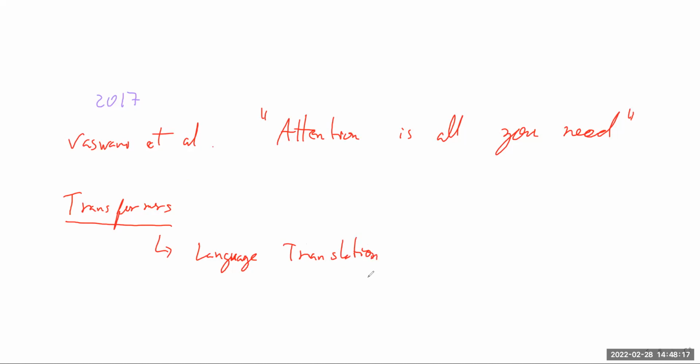So that basically means, you have "the cat sleeps," which translates to "el gato duerme," right? So you have this, and that's what you want to happen. You want the architecture to take in an English sentence and give you the Spanish sentence or the other language sentence.